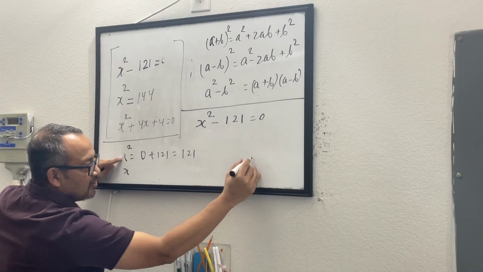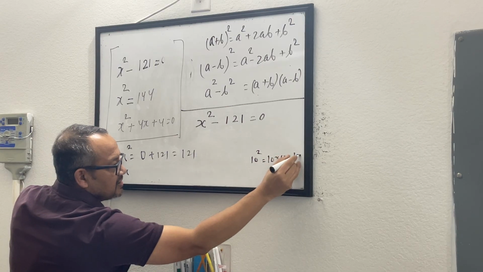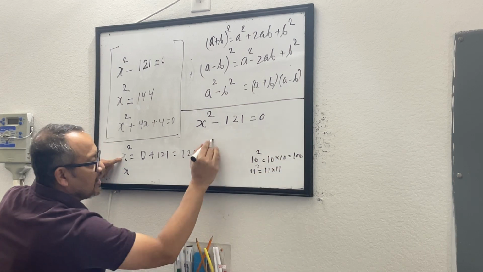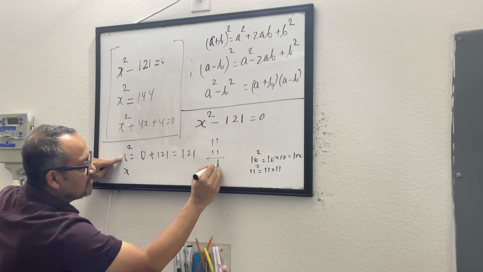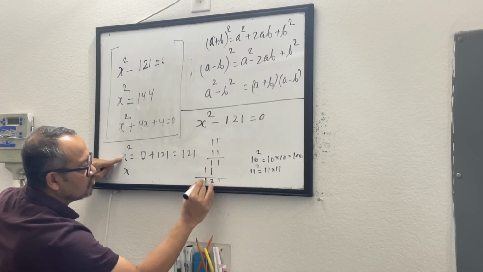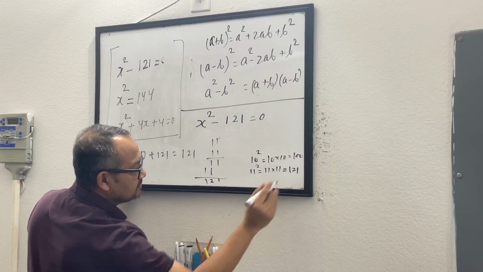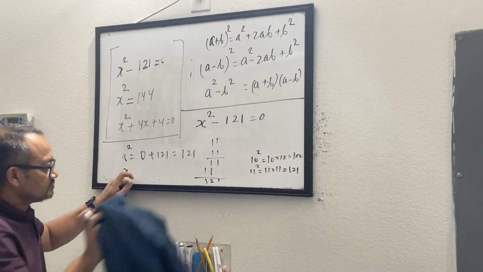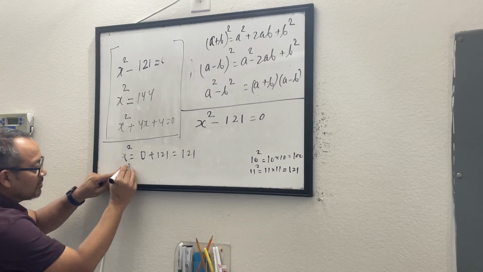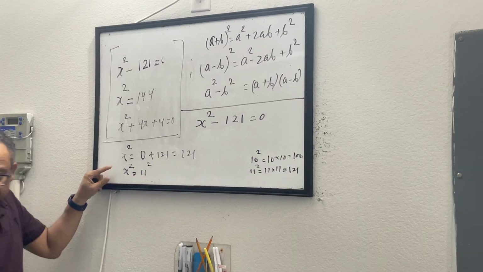You guys just saw 10 square is 10 into 10, which is 100. 11 square is 11 into 11, which is equal to 121. So you are saying that this x square is equal to 121, which I can write as 11 square also.